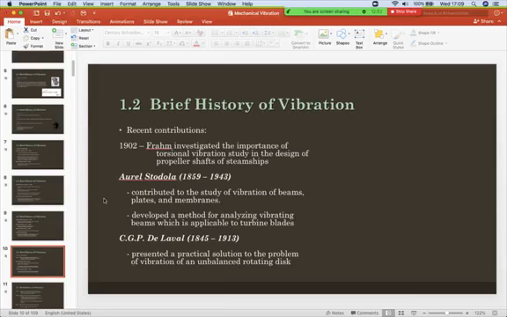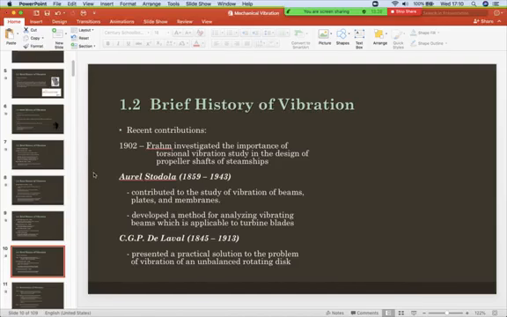So that's the study of Frahm, and because of that, as you can see, the outcome of the war was so devastating, with a lot of encounters where submarines and even United Kingdom ships toppled down, because of these submarines. So these are coupled with the study on torsional vibration.